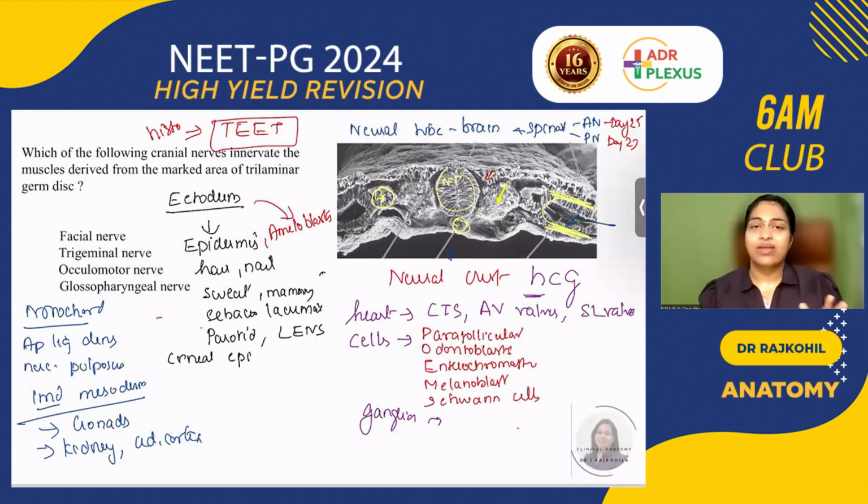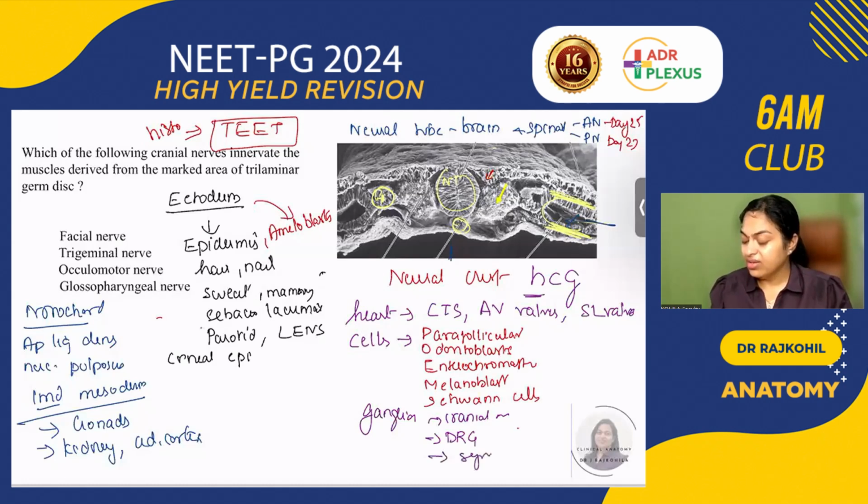Whatever ganglia you want to name: the cranial nerve ganglia like the trigeminal ganglia, the dorsal root ganglia, the ganglia in the sympathetic trunk, the parasympathetic ganglia, and the ganglia you find in the walls of the GIT, what is it? The myenteric and Meissner's plexus. So these are all the derivatives of neural crest cells.